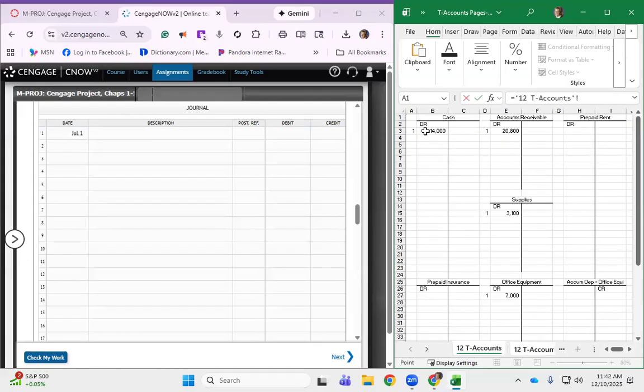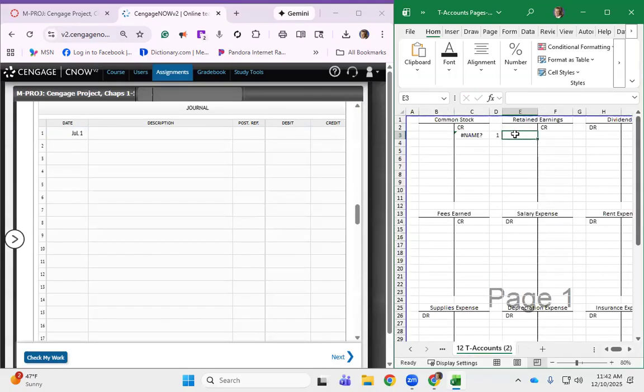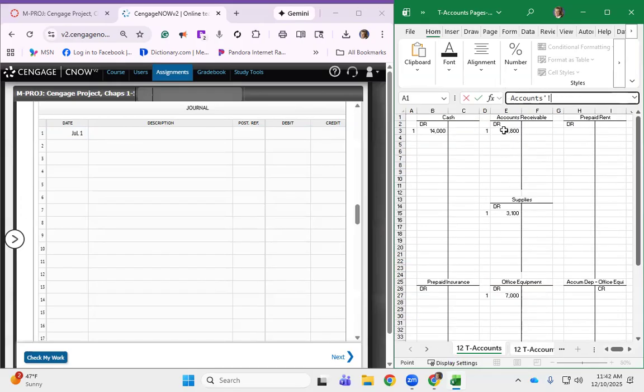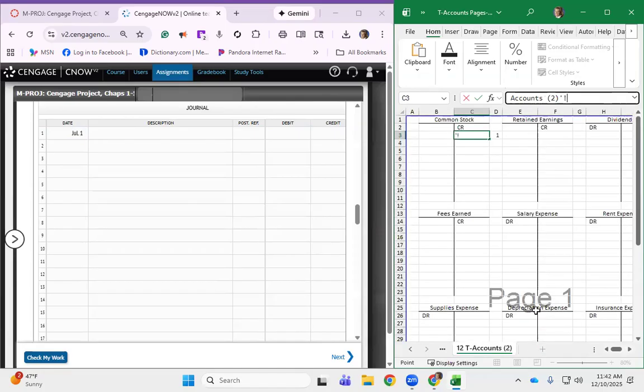This other 14,000 plus accounts receivable. Just a second, it's giving me fits. I may have to add it up right here. That's fine. I'll just add it up right here. So I'm going to try one more time, because it should reference that other page.